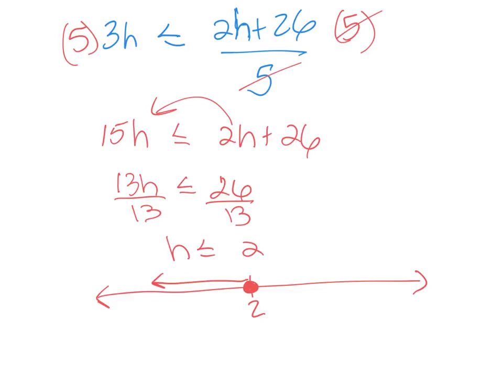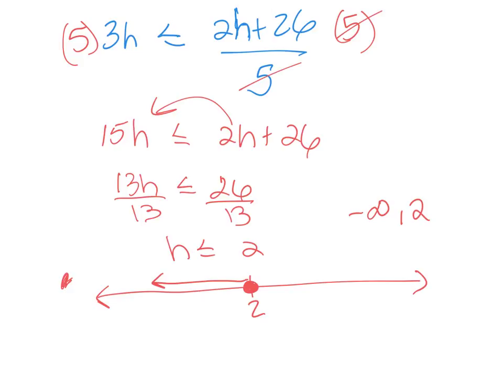Sometimes they ask you to put it in interval notation. Instead of a number line, they ask you to give your answer in interval notation. So here we're going to do this. Where is this arrow? What's this way over on the left side of the graph? What number is that? Way to the left, like down Sardis Road. What number is that? Way down there on the left. So this graph goes from negative infinity to 2.